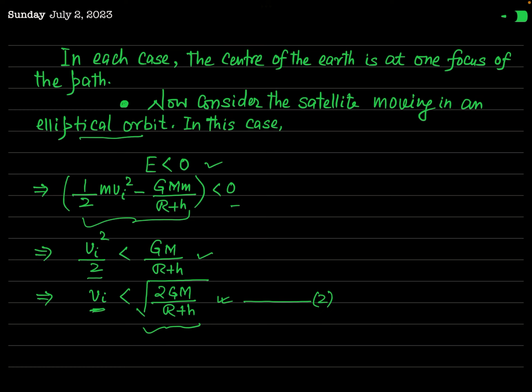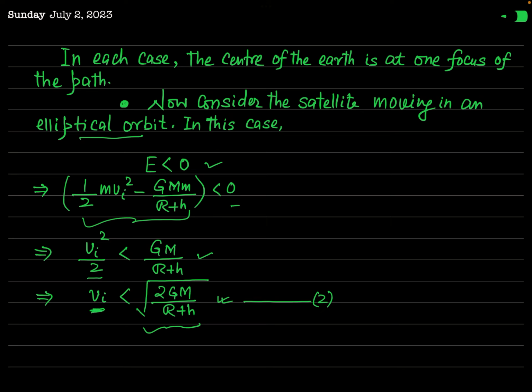Its value must be smaller than the square root of 2GM by r plus h. This value of velocity depends on the height of the satellite from the surface of the Earth. For a particular h, a particular value of insertion velocity will be required.